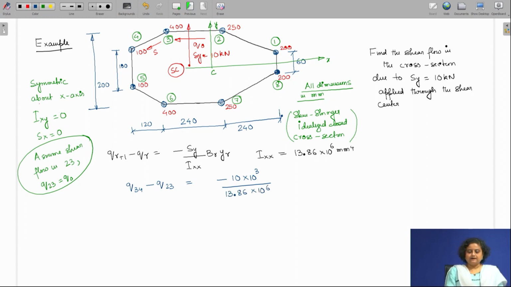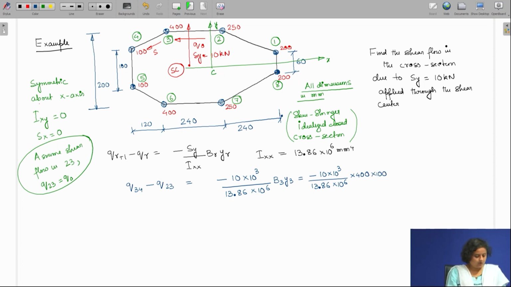Now Br is going to be B3 into Y3, which is going to be minus 10. Now Br is 400 and Yr is going to be 100.